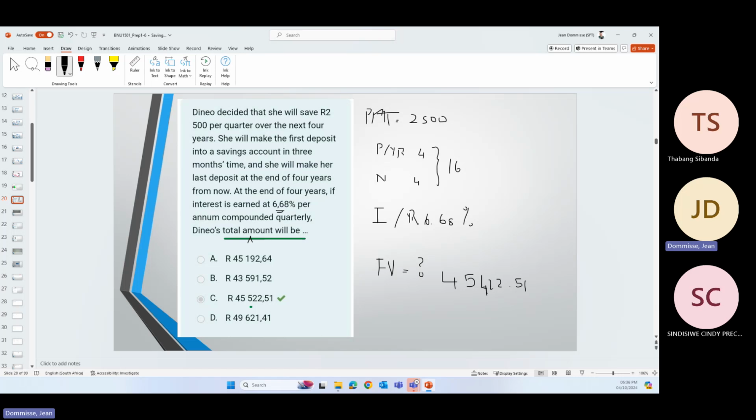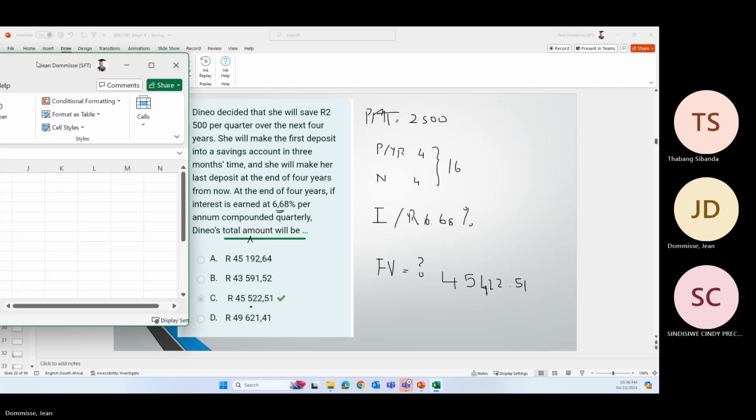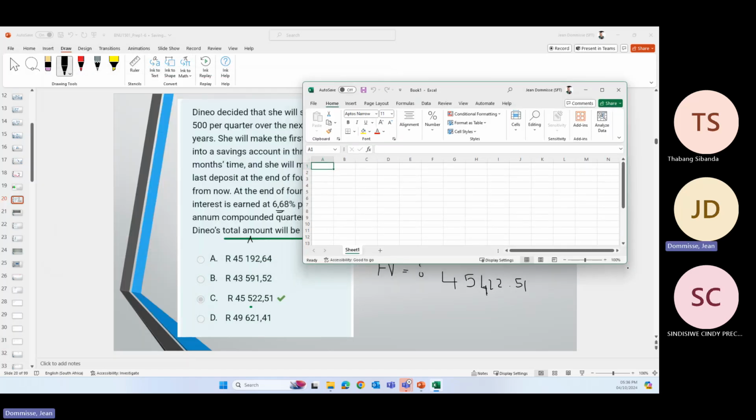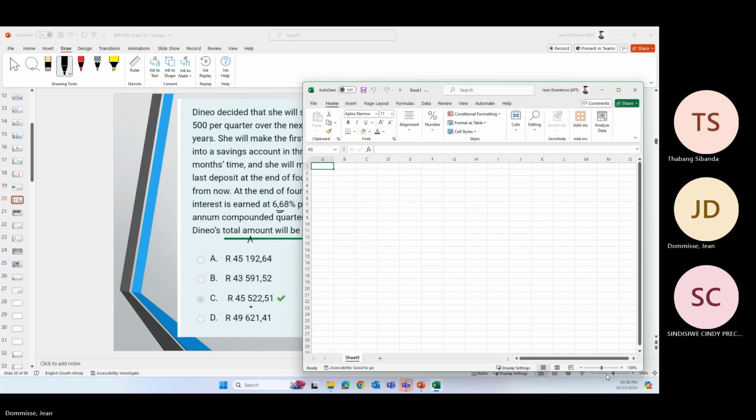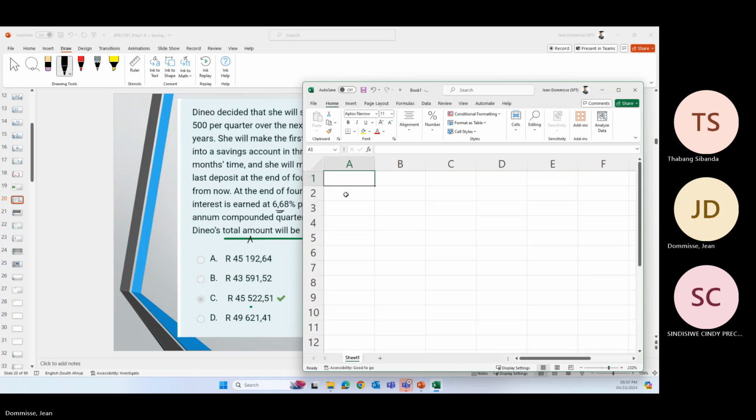So let me also just show you how to do it in Excel. Let me just quickly open Excel. Okay, so we've got a PMT of minus 2,500.